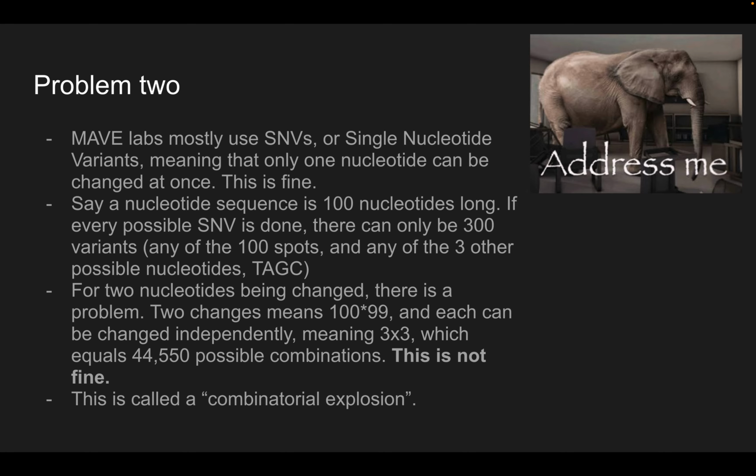If you multiply all that together, it equals 44,550 possible combinations, which is very large, significantly larger than the 300, and this is not fine. This is called a combinatorial explosion, which basically means the combinations go up very, very quickly. So the numbers are too big for in vitro lab testing to handle.